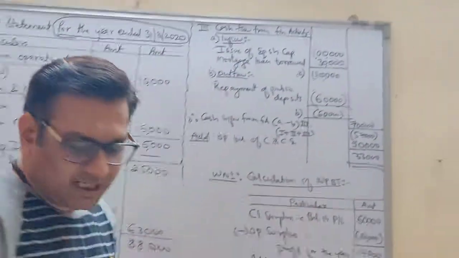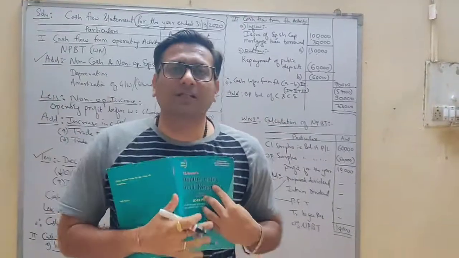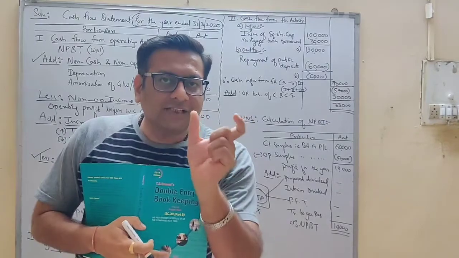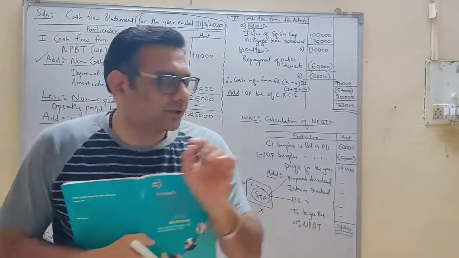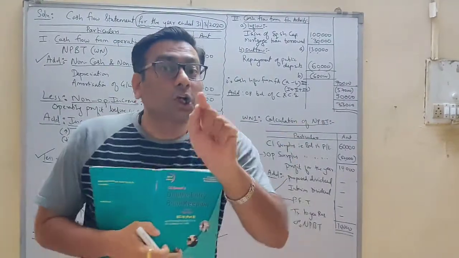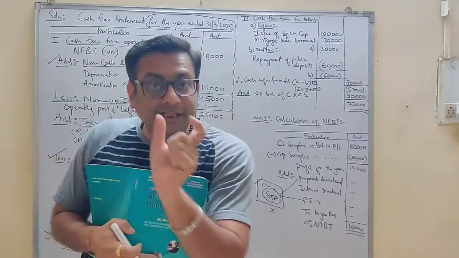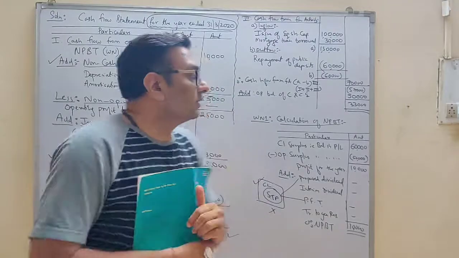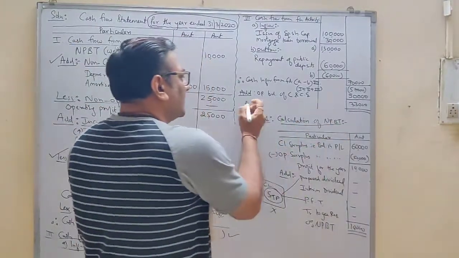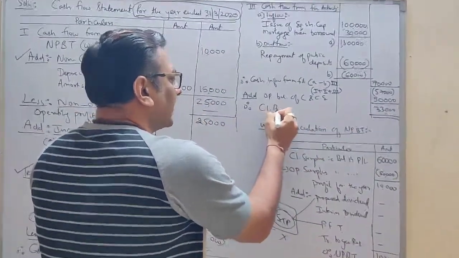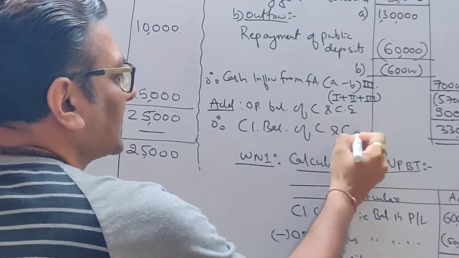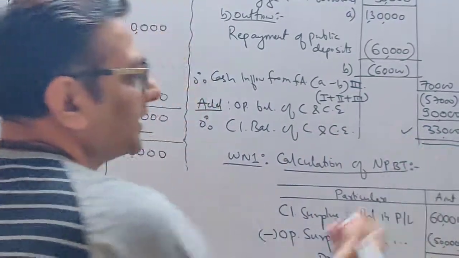This is your final answer, and you can check your answer, students. Cash and cash equivalent, opening is given to you as 90,000, closing is also given there. Next to 90 they have given 33,000, which is the answer you got. So you have to write it as: therefore, closing balance of cash and cash equivalent is 33,000.